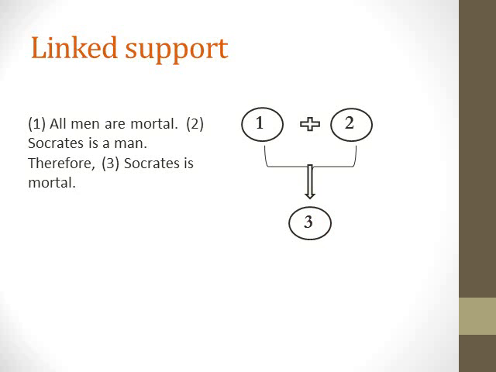The same thing is true for 2 as well. If we were to eliminate 1 and just take 2 by itself, 2 does not necessarily support 3. Just because Socrates is man, it doesn't necessarily follow that Socrates is mortal, because without 1, it's possible that there are some men that are immortal, right? Only when these 2 are taken together can we get 3. So we have linked support once again.